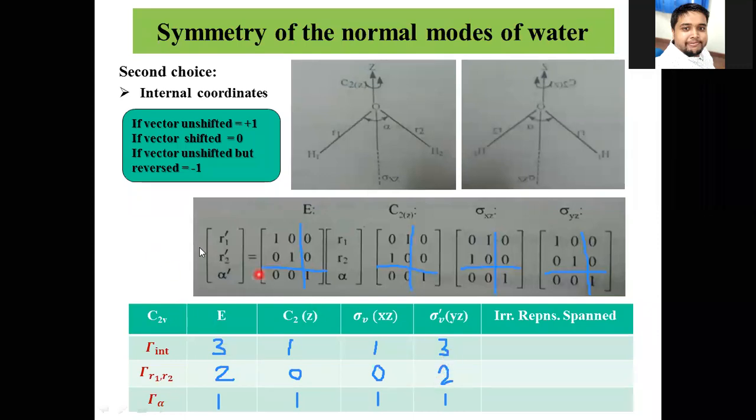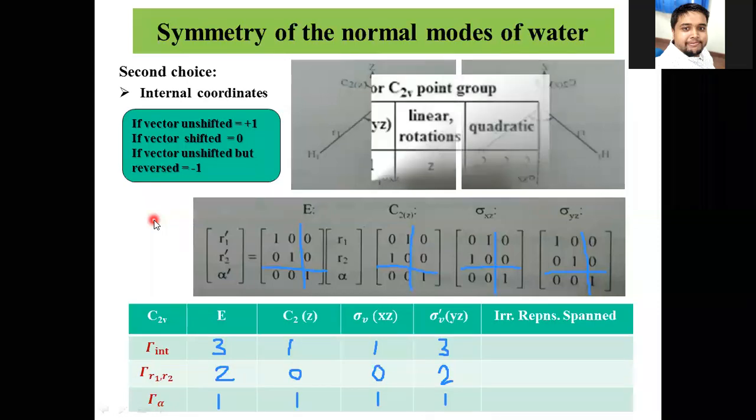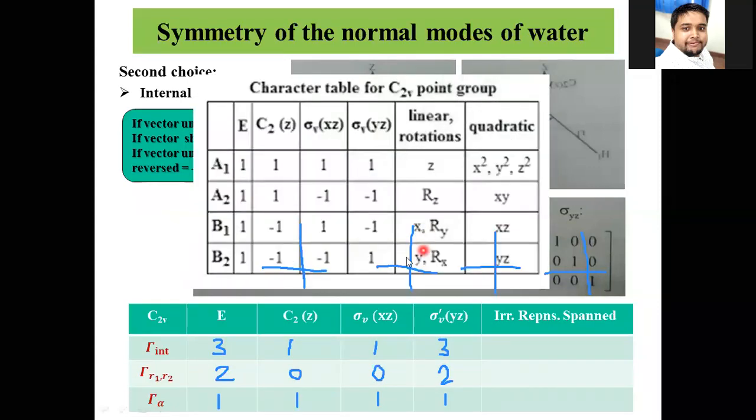But in this case, we can very easily and quickly do this by inspecting this character table, right? Let me erase this, then it will be visible clearly. Now, if I inspect this, look at here, in this case, this 2 0 0 2, right?